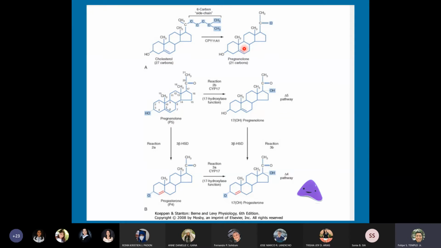Now, pregnenolone will return to your cytoplasm to start the synthesis of the different kinds of hormones. Actually, they occur in parallel. We have pregnenolone and 17-hydroxypregnenolone. So we have two, but this happens in parallel. Take note, the main difference basically is the hydroxyl group, but essentially they are the same. They use the same hormone.